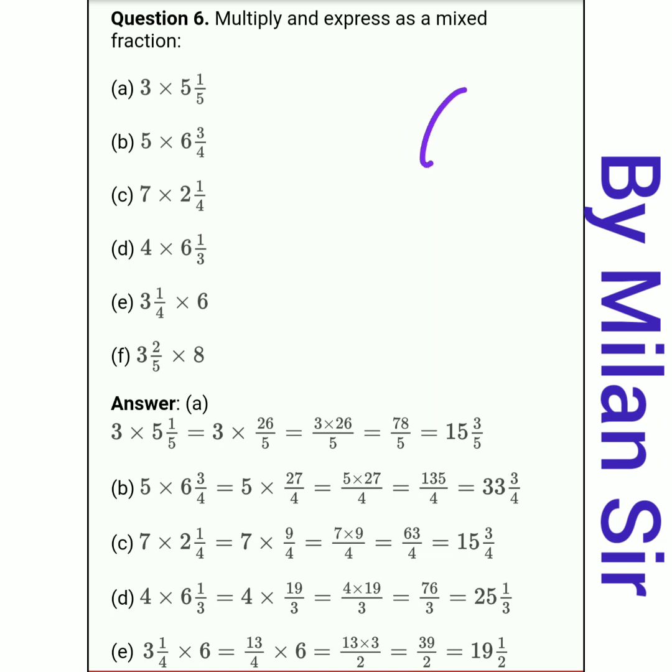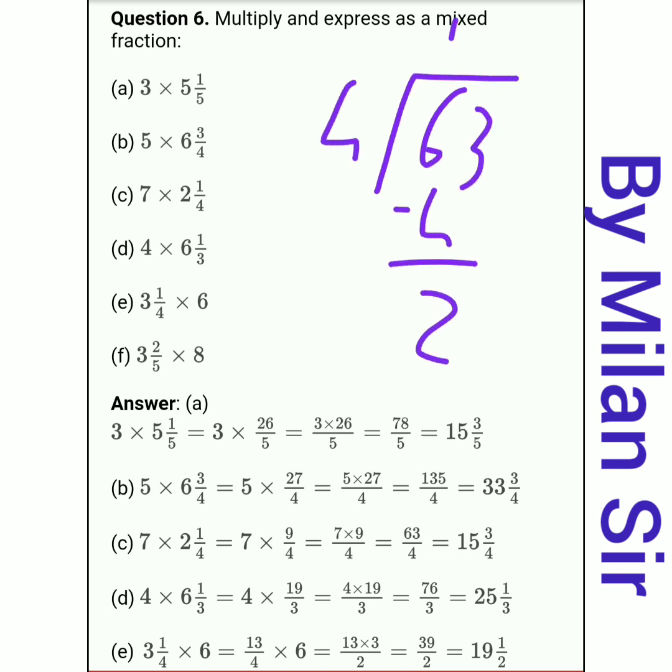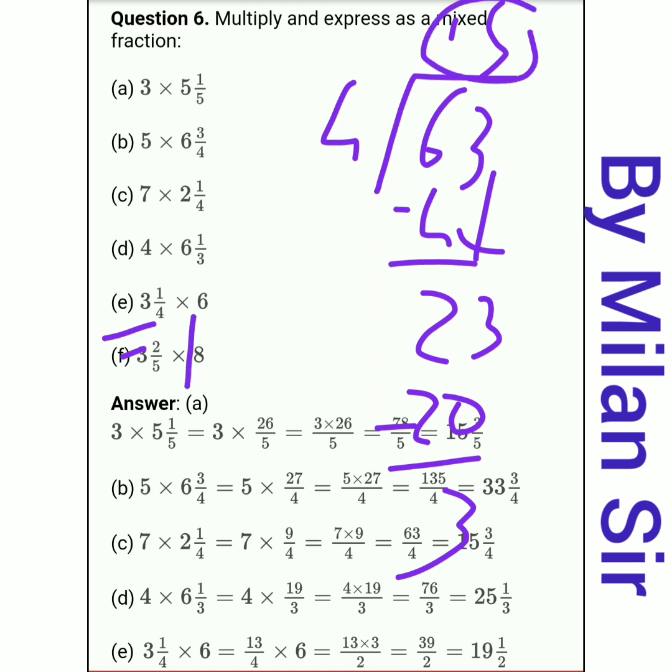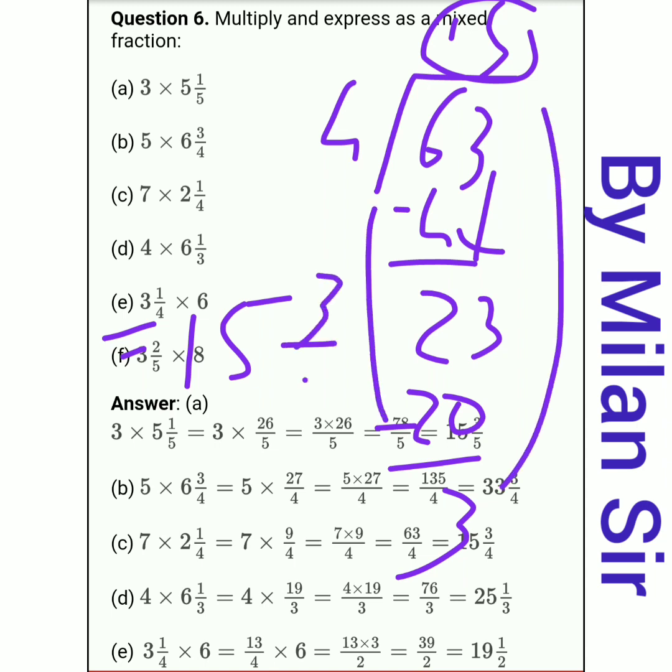So 63 divided by 4: 4 ones are 4, here 2, then 3, 23. 4 5s are 20, remainder 3. So we need to write our final answer: first of all the integer part 15, then remainder 3, then denominator 4 as it is. So the answer is 15 integer 3 by 4.